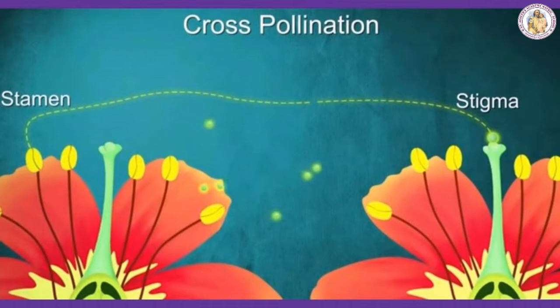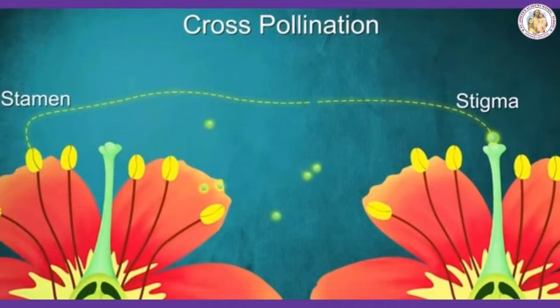There is more wastage of pollen grains, since pollen transfers from one plant to another and the grains may get damaged. It may introduce some unwanted characters. The flower depends on external agencies for pollination.